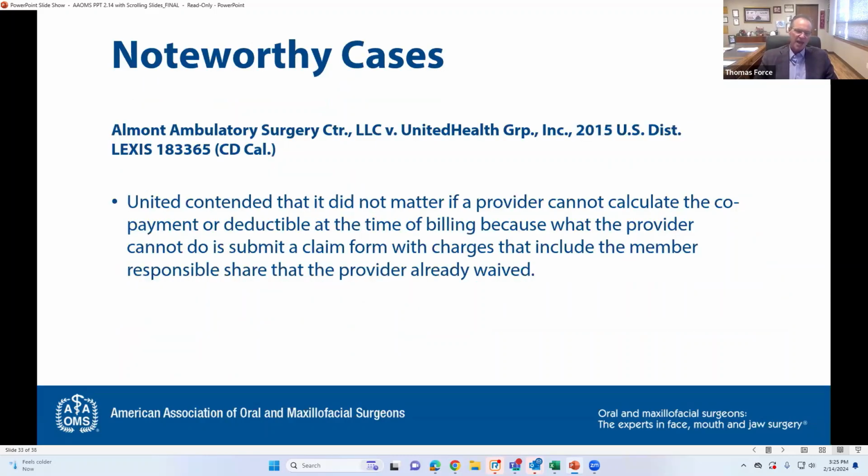So United contended that it did not matter if a provider cannot calculate the exact copay or deductible at the time of billing, because what the provider cannot do is submit a claim form with charges that include the member responsibility that the provider already waived. Charge is $10,000, we waived $2,000, we should be billing for $8,000, not $10,000.